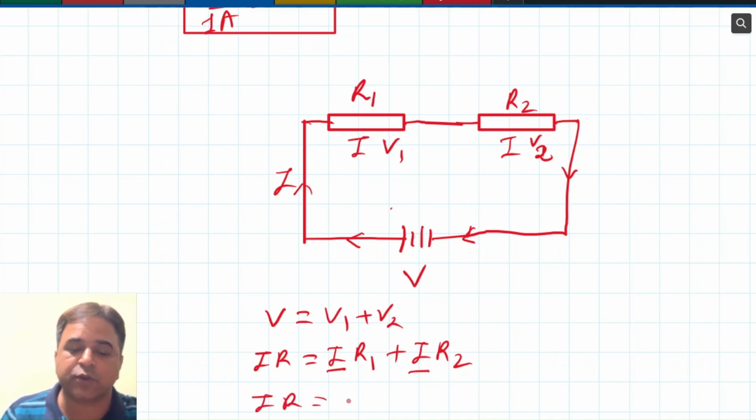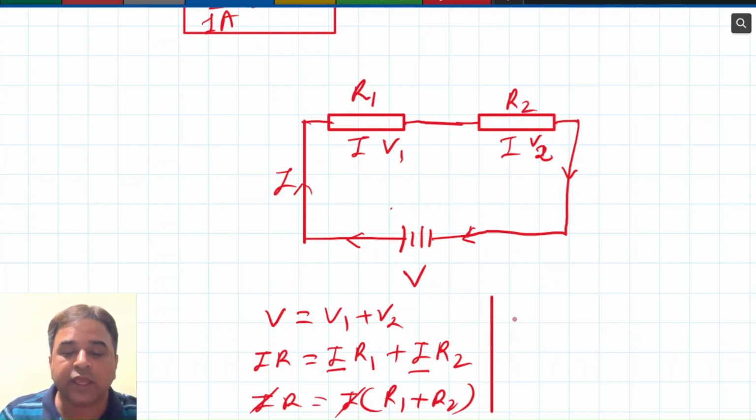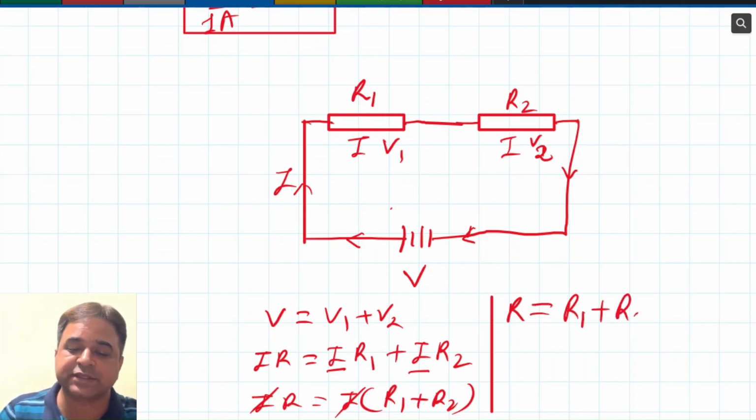If we take out this I common, it will be I into R1 plus R2. So this I will get cancelled with this, because it is on both sides the same. So here the formula for equivalent resistance or total resistance in a series circuit will be just simple addition of all of these resistors.